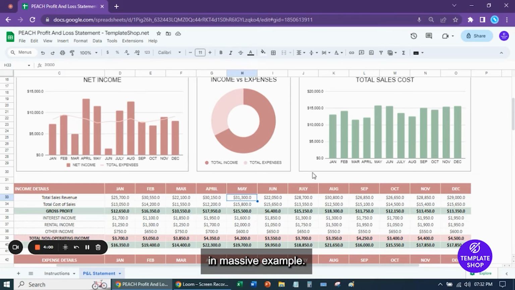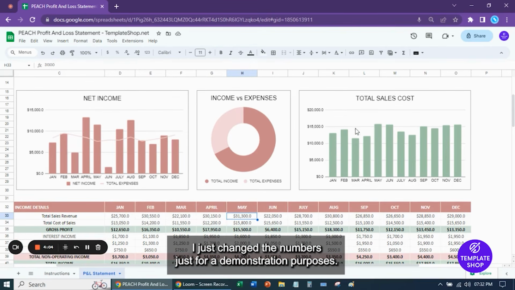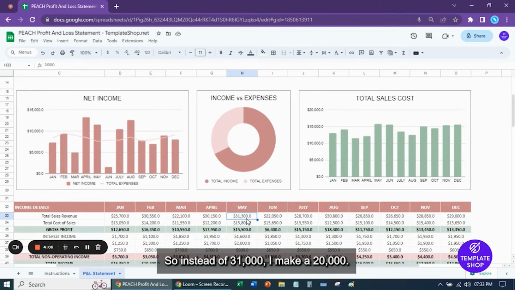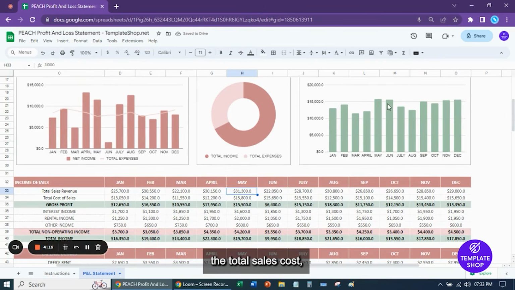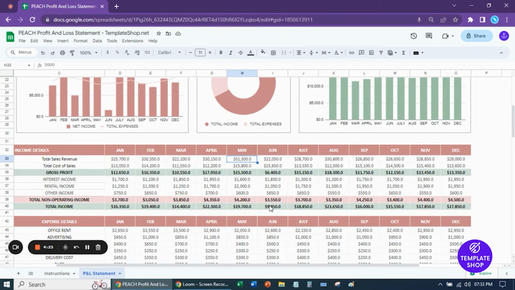In May, say for example, I just change the numbers just for demonstration purposes. So instead of 31,000, I make it 20,000. See how these numbers change, and not just that, the total sales cost, total sales revenue, and the total income.